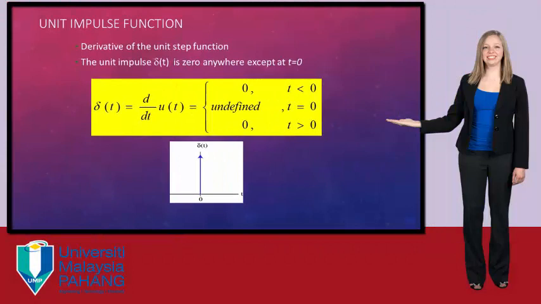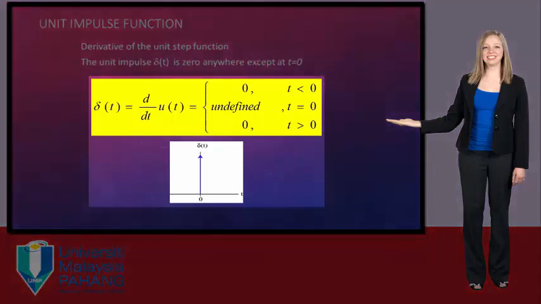Next is unit impulse. The notation of unit impulse is delta(t). The unit impulse function is defined as one impulse signal at t equals 0.